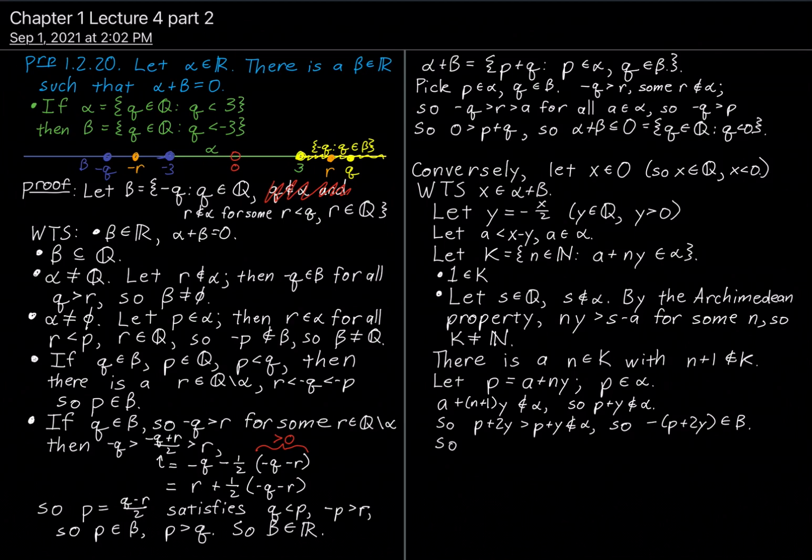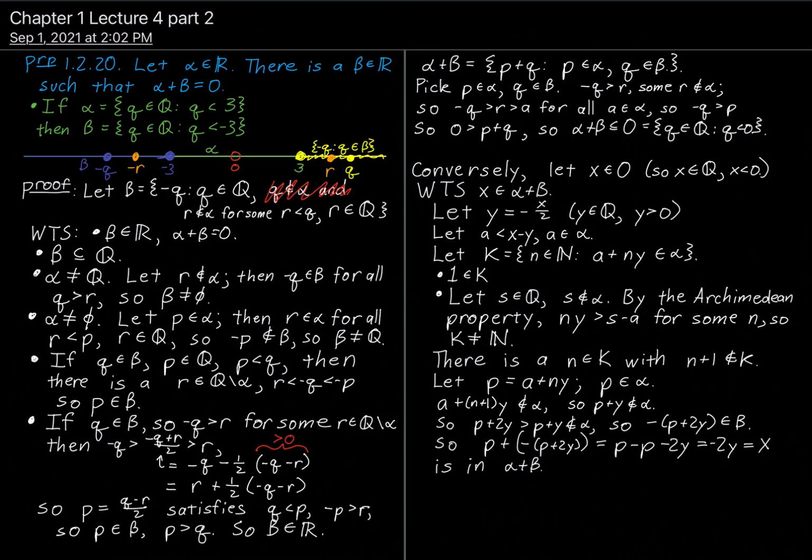So p plus negative p plus 2y, that's p minus p, minus 2y, that's x, is in alpha plus beta.